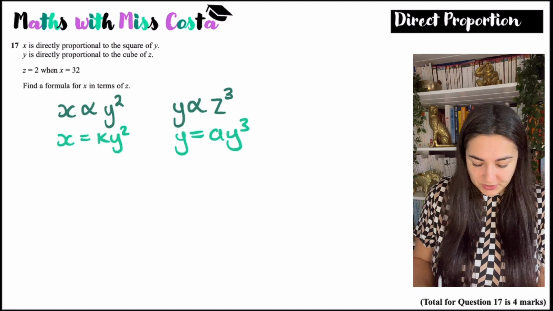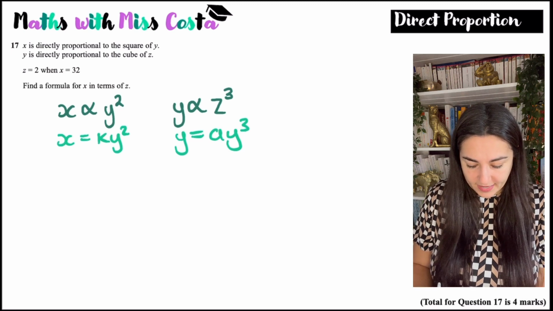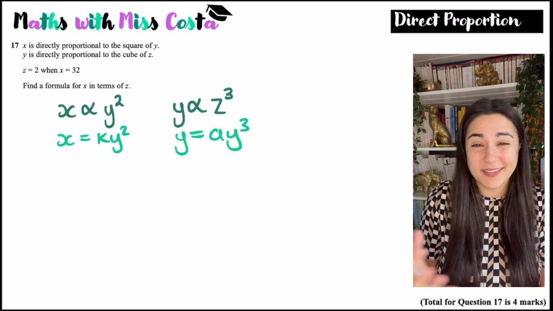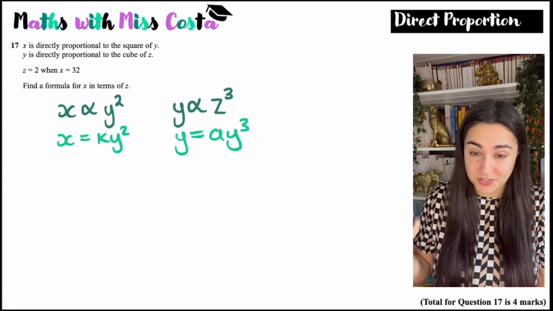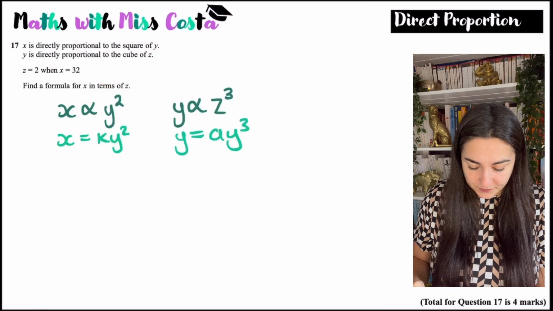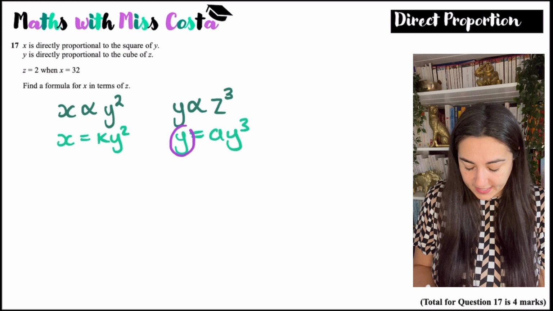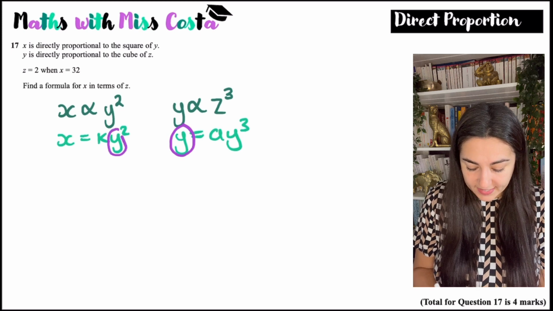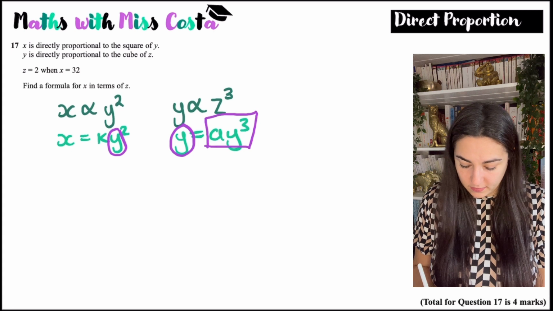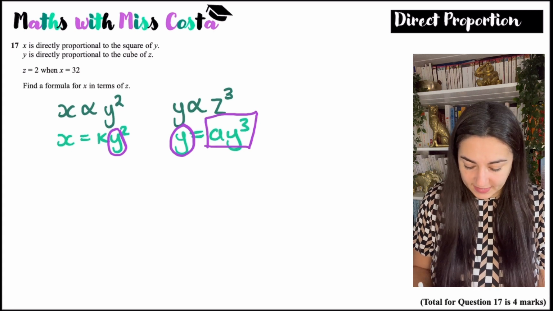So I've got my two equations here. Now, this question is tricky because it involves two equations. So normally when there's two equations, what you're going to want to do is substitute one into the other. So as you can see, we have a y here and we have a y here. So what we can do, we know that y equals, sorry, that's supposed to say z.